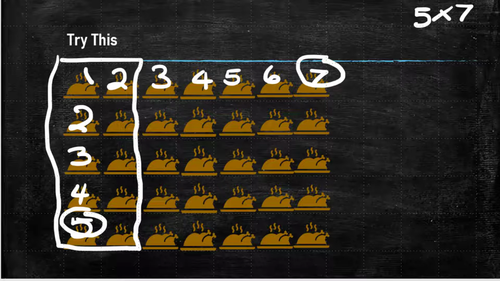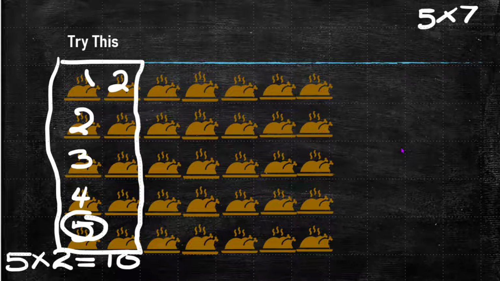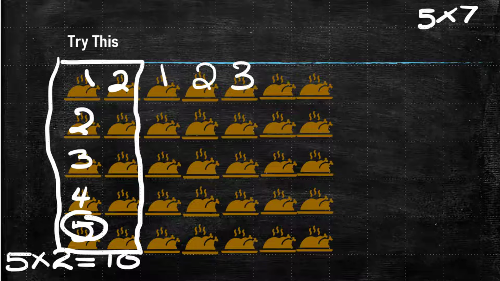Okay, so here I have still 5 rows. And the amount in each row is 2. So 2 is my second factor on this side of the equation. 5 times 2 equals 10. So focusing on the right side of the array, I now have 5 total columns.